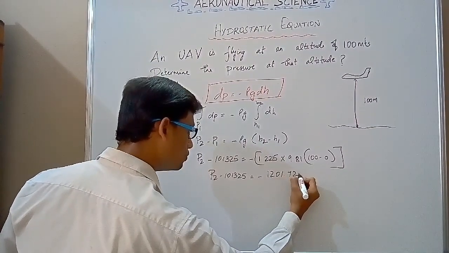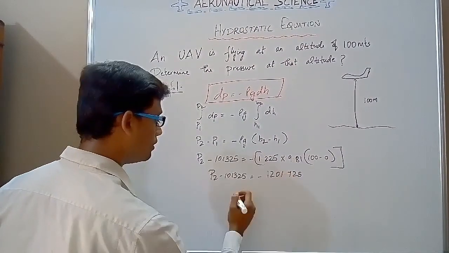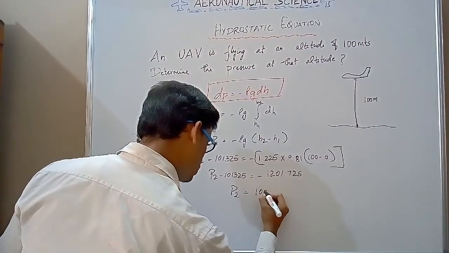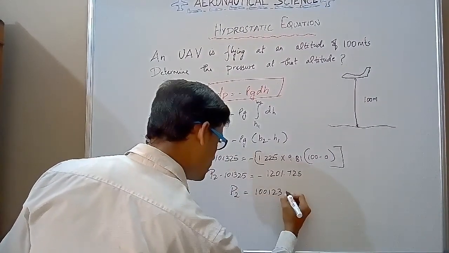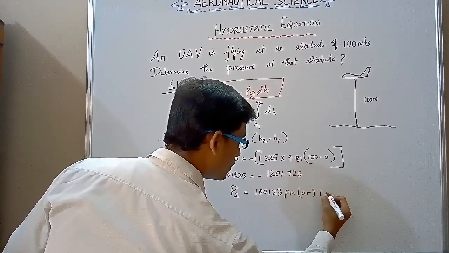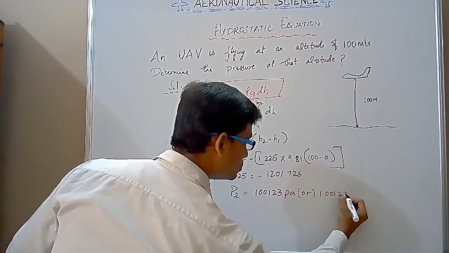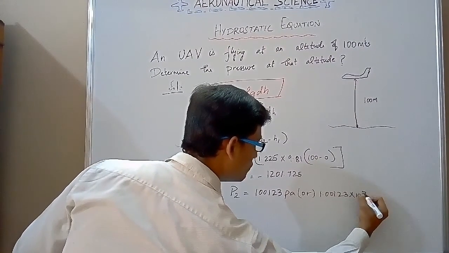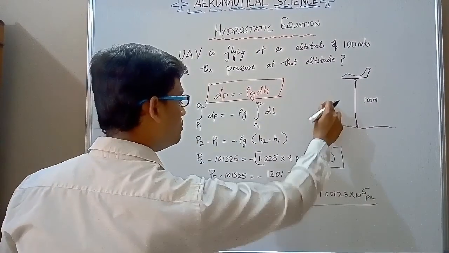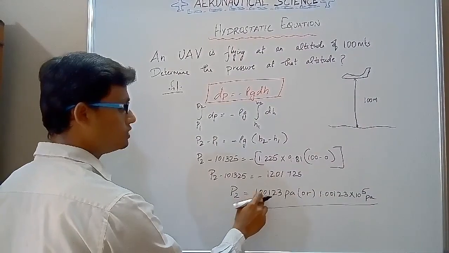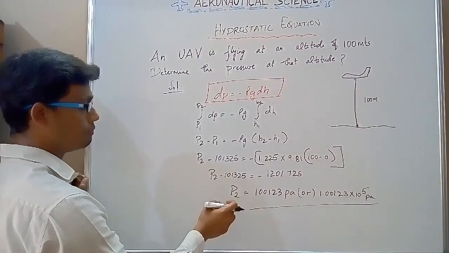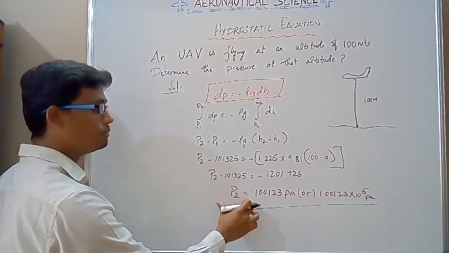By bringing this value over, we get P2 equal to 100,123 pascals, or 1.00123 into 10 to the power 5 pascals. So we got the value that at 100 meters the pressure is 100,123 pascals. From this equation we prove that the pressure varies with the altitude.